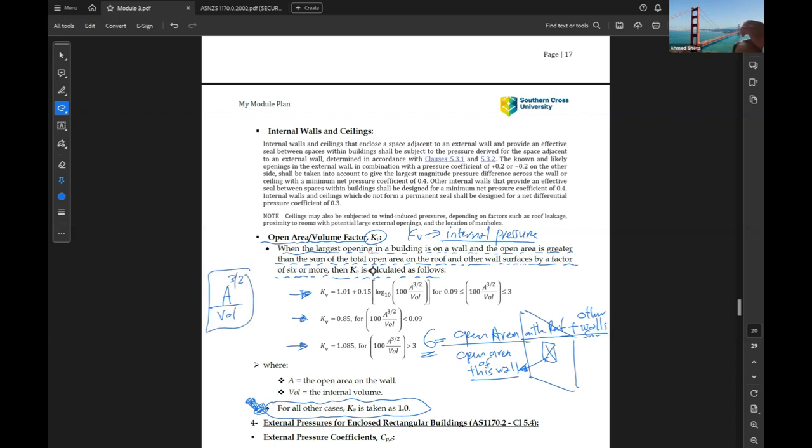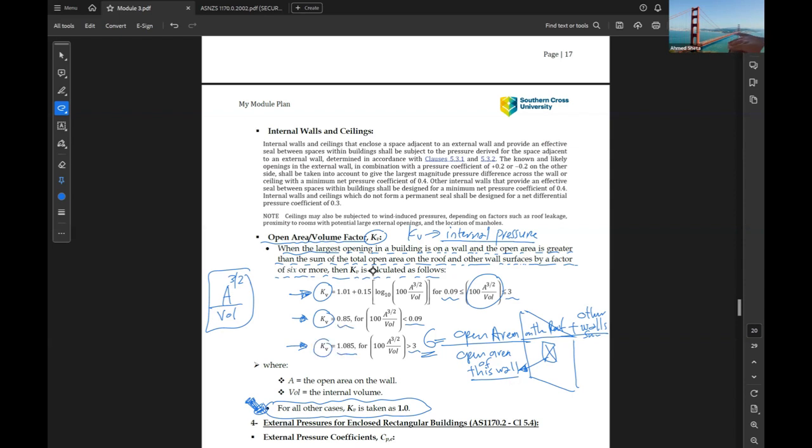So if this value times 100, which is this value, is between 0.09 and 3, take this value of KV. If less than 0.9, take this value of KV. If more than 3, take this value of KV.